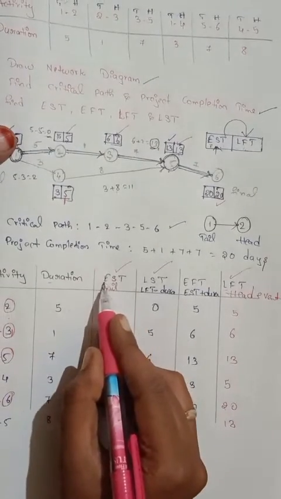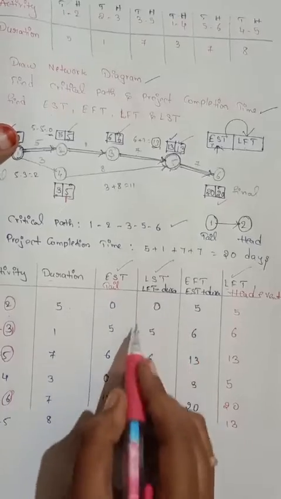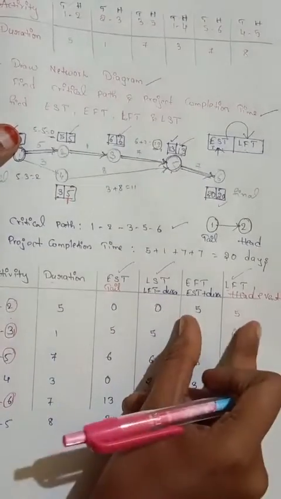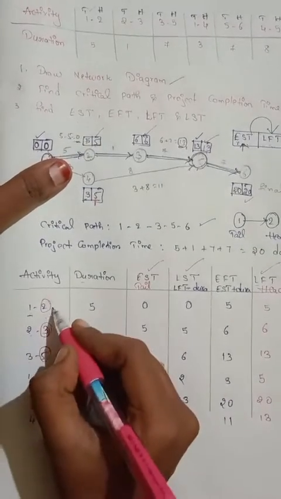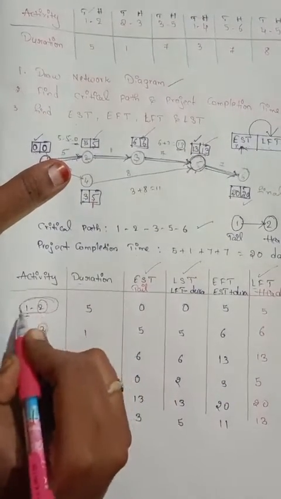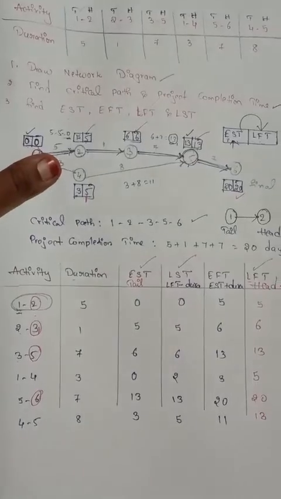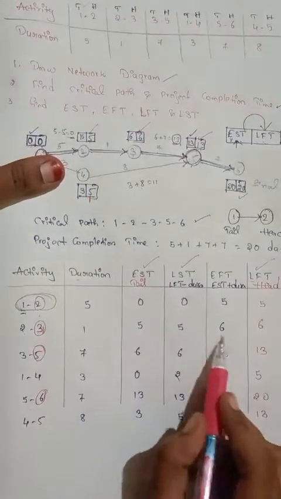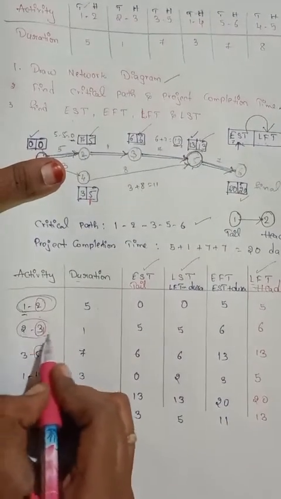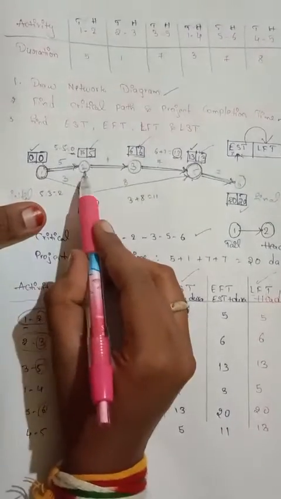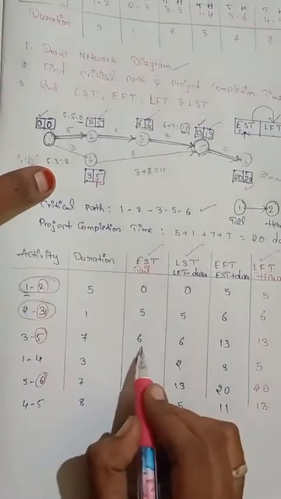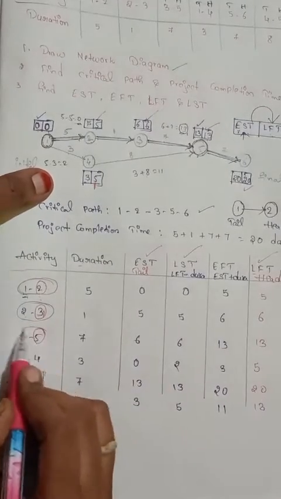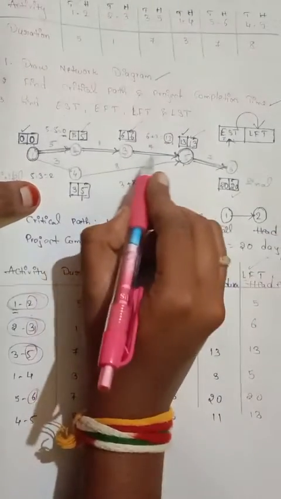So here from EST and LST you have got same values, and the same for EFT and LFT. So our critical path will start at 1 to 2. Then here 5 5 6 6, that is 2 to 3. See here, guys, 1 to 2 it started, 2 to 3 it also went. So here 6 6 13 13, that is 3 to 5.